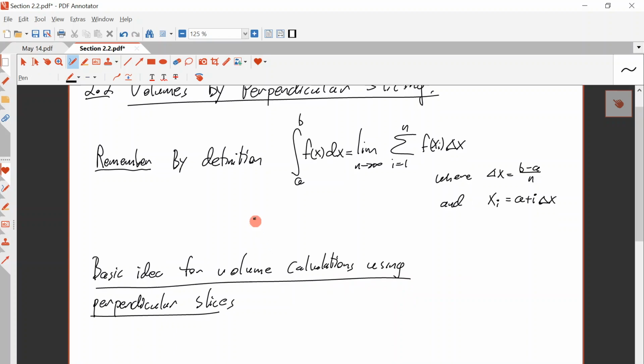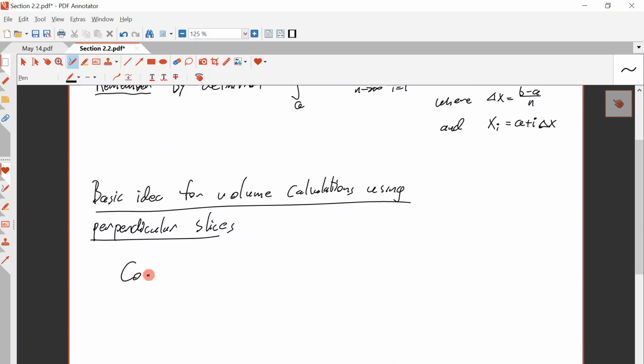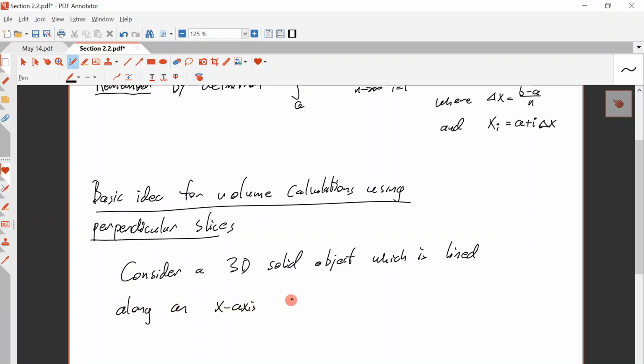So consider a three-dimensional solid object which is lined up along an x-axis, for a less than or equal to x less than or equal to b.